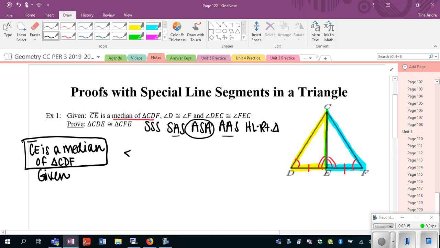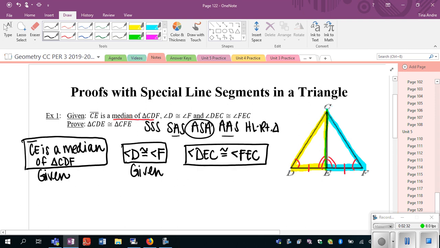And then I have angle D is congruent to angle F. And then angle DEC is congruent to angle FEC. And then really, if I'm using angle, side, angle, I already have my 2 angles right here. So the only thing I need to talk about are the sides, and that comes from the median.